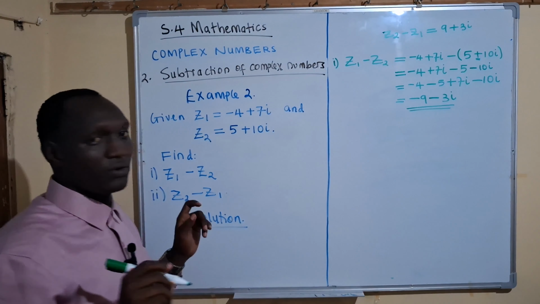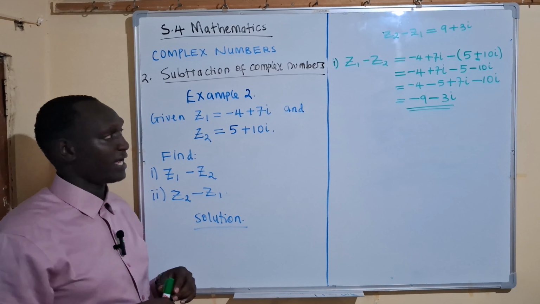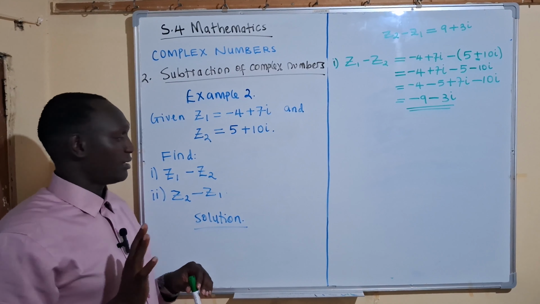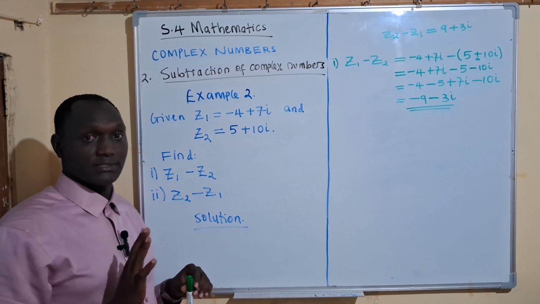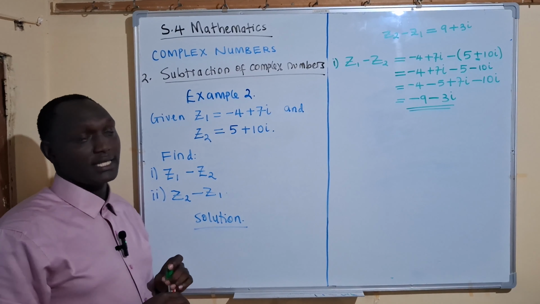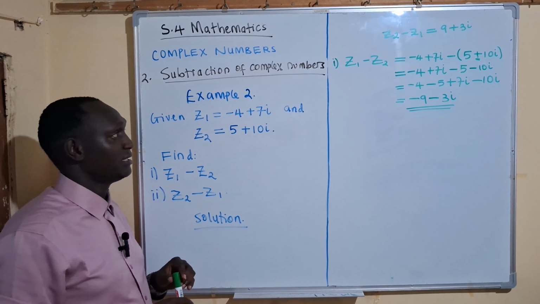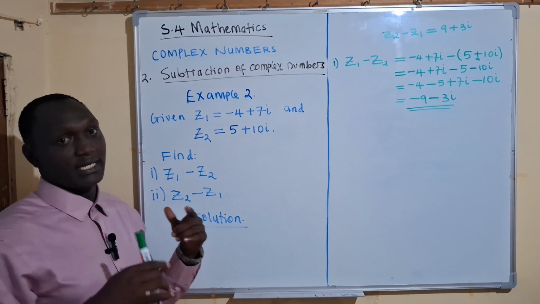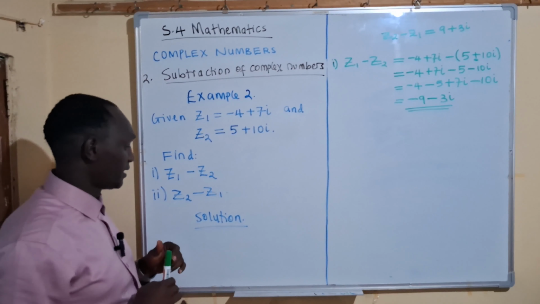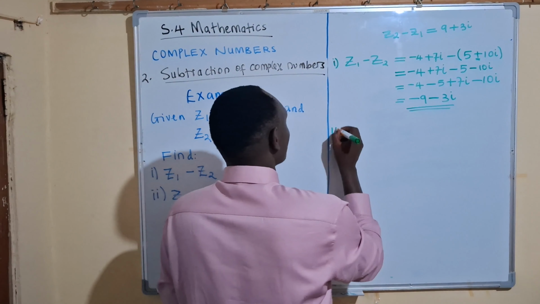That is because they are opposite, or one is the reverse of the other. I'm not saying inverse. One is not the inverse of the other, but the reverse. Time will come, we shall see how we can find the inverse of a complex number that is under division and more complex terms.